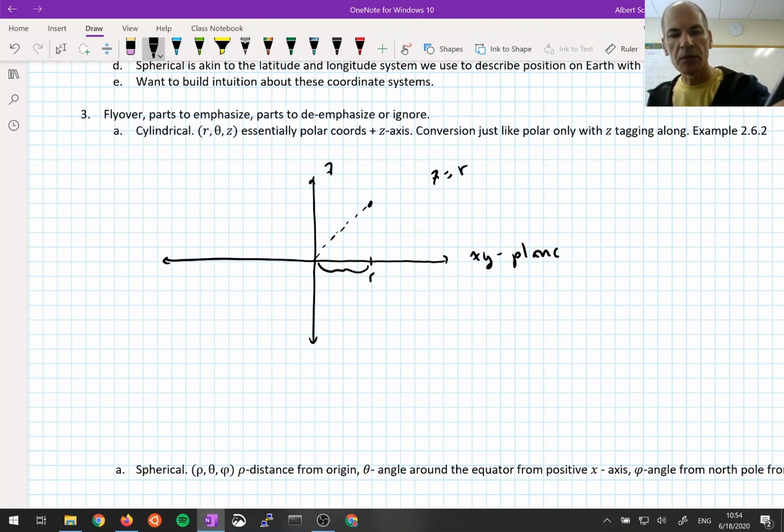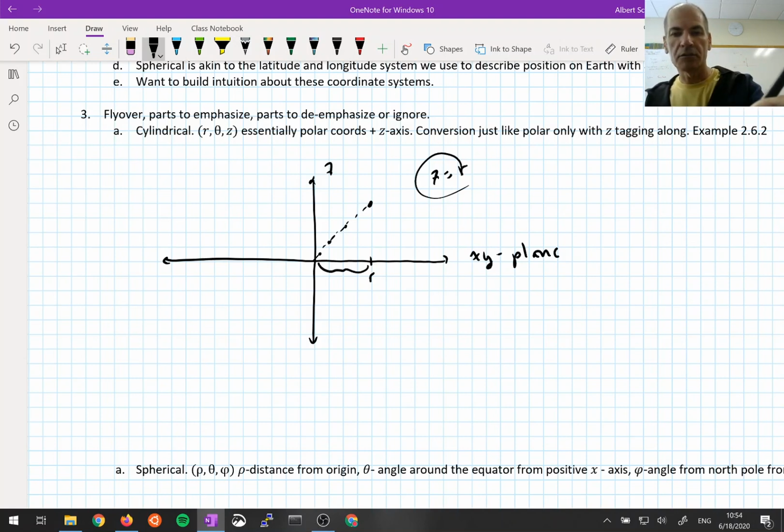The distance from the origin here is 4 squares, and the distance above the xy plane is 4 squares. So this point satisfies the condition that its height above the xy plane is equal to its distance from the z-axis. Well, can you imagine what the collection of all those points looks like? Certainly every point along this ray is going to satisfy that condition.